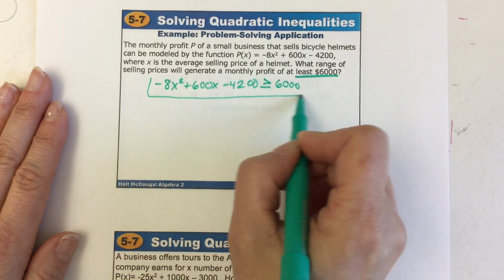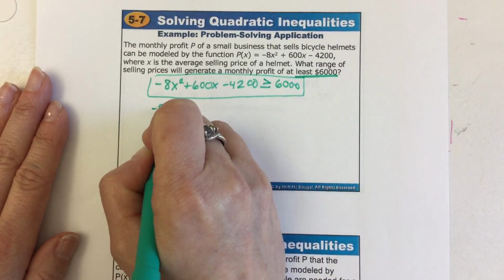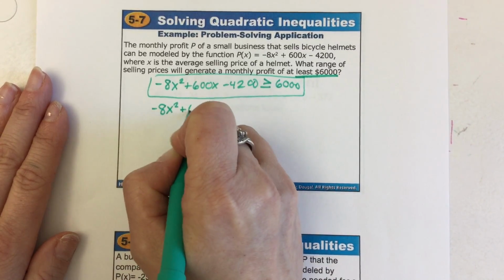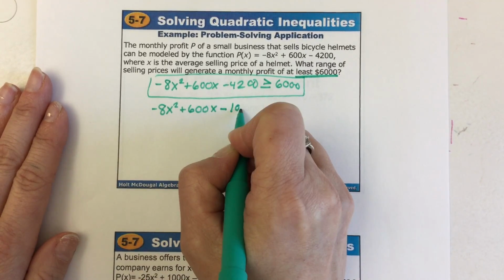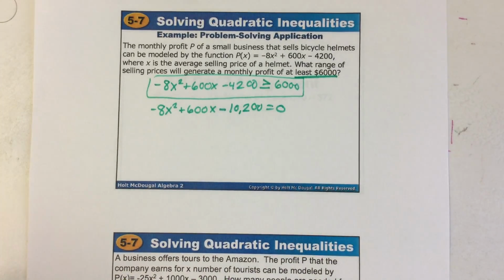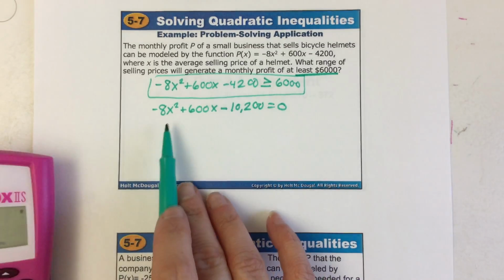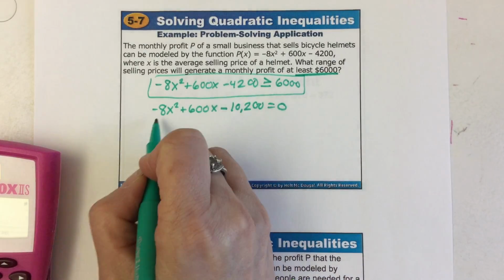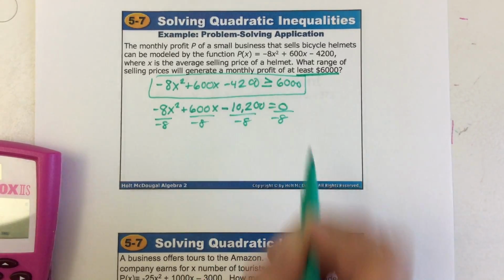Now I want to go ahead and set it equal to 0. Here's my original problem, okay? If I subtract 6,000, negative 8x squared plus 600x minus 10,200 equals 0. See if I can divide everything by 8. I can. When you get big numbers like this, you do want to see if you can divide everything by a common term.